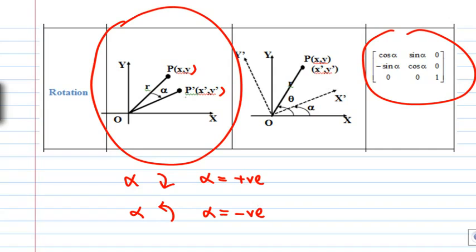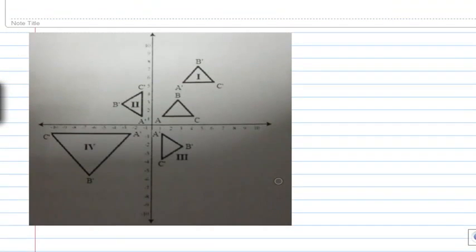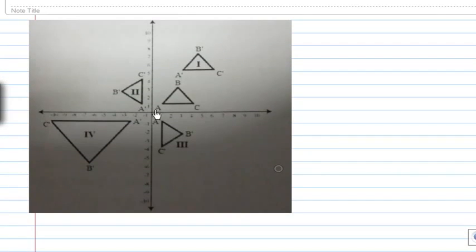So for our case, since we are rotating 90 degrees anti-clockwise about the origin, therefore alpha is negative 90 degrees.